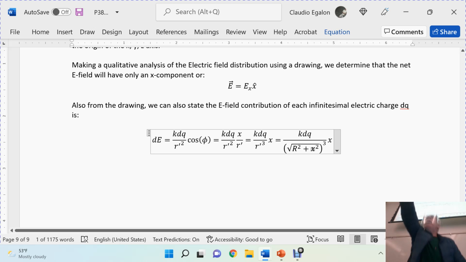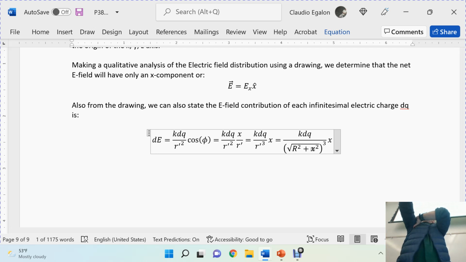Remember, I'm integrating through the whole ring. The position x remains the same no matter what. What changes is the position along the ring. But the distance from the infinitesimal charge on the ring doesn't change when we integrate.